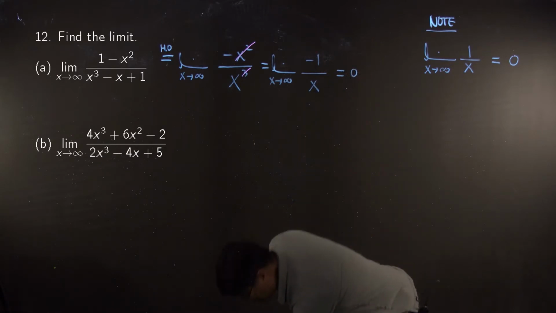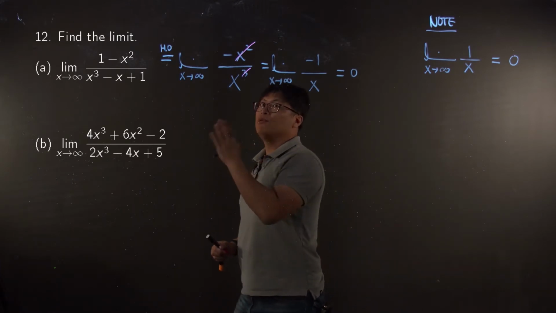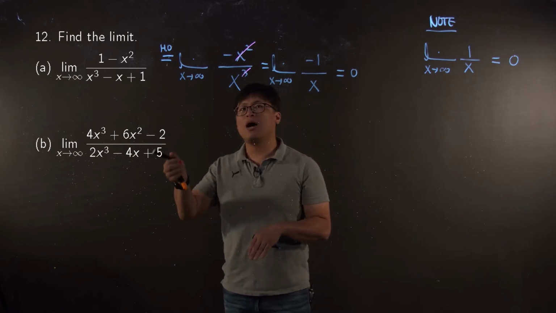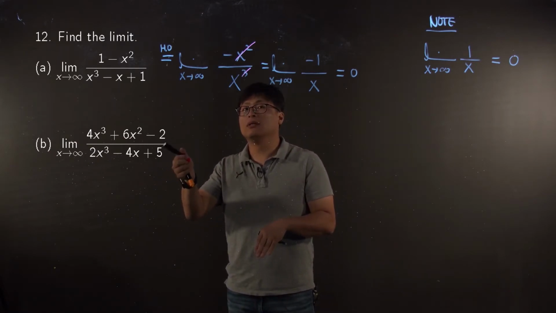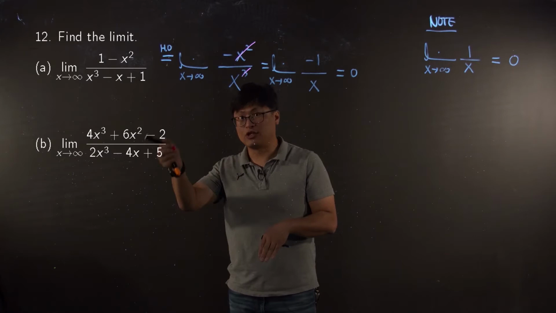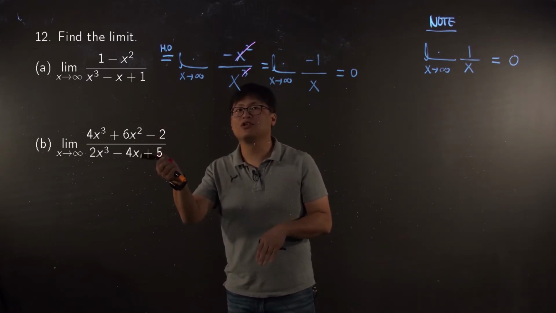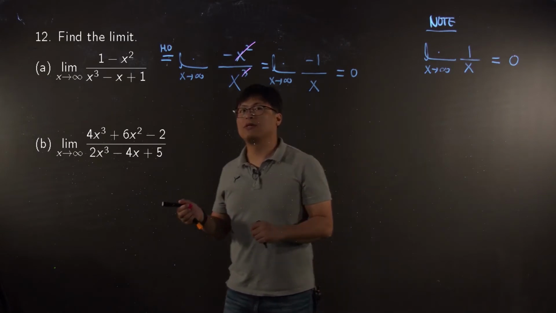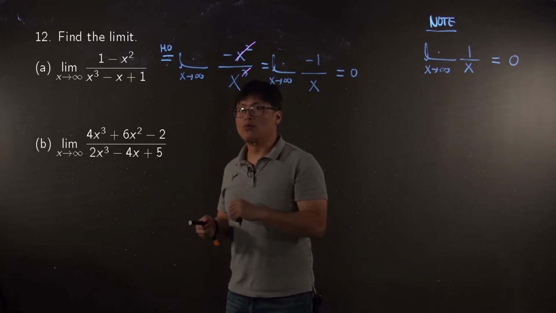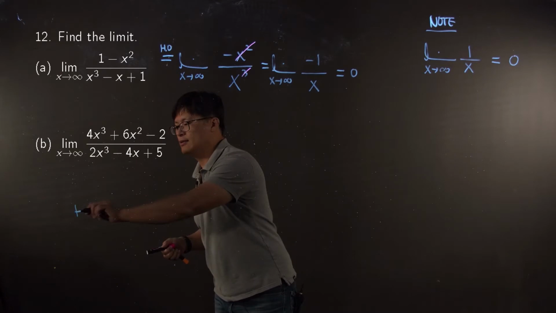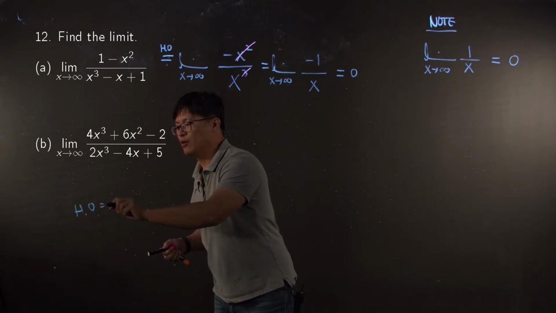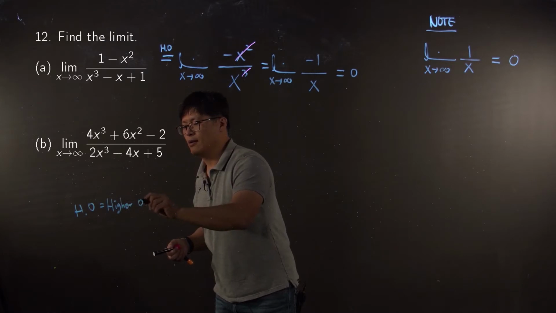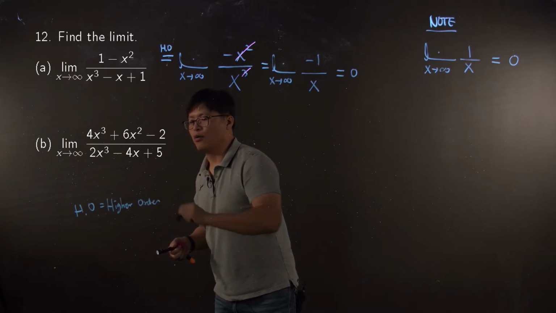What about B? Well, if you took calculus in high school, you know the answer already, okay? As long as the leading terms have the same power, which is x cubed, on top and bottom, then the answer is the ratio of the coefficients. But you can also explain this by the higher order rule as well, okay? HO stands for higher order, okay?